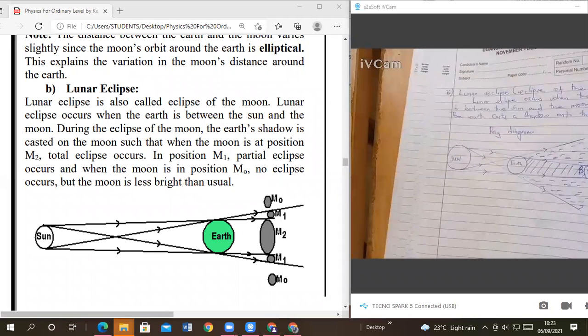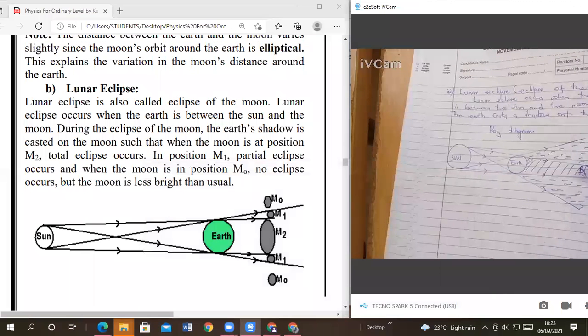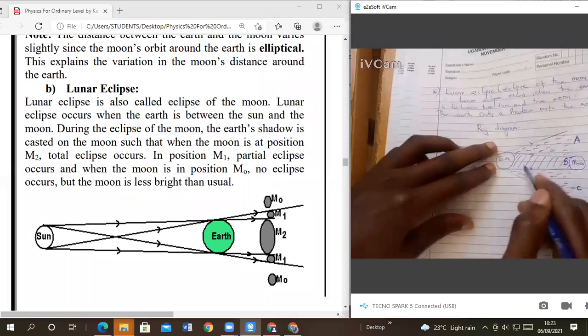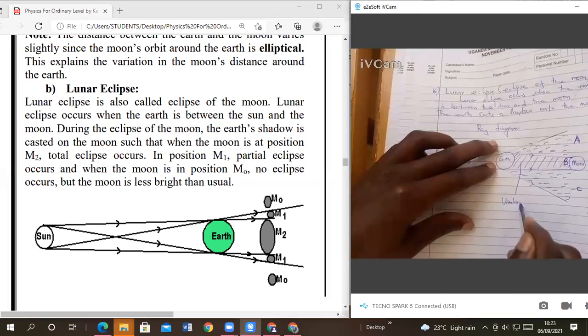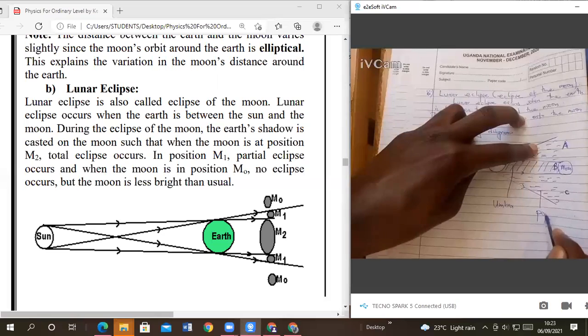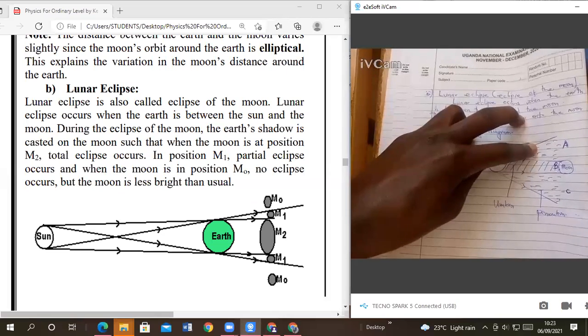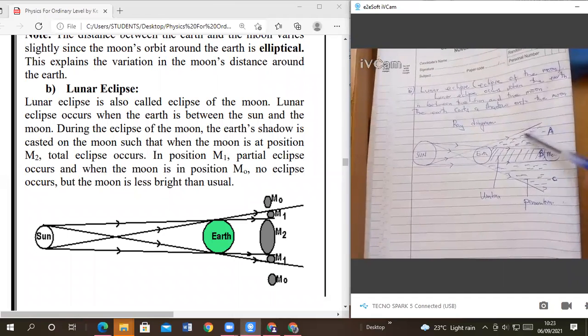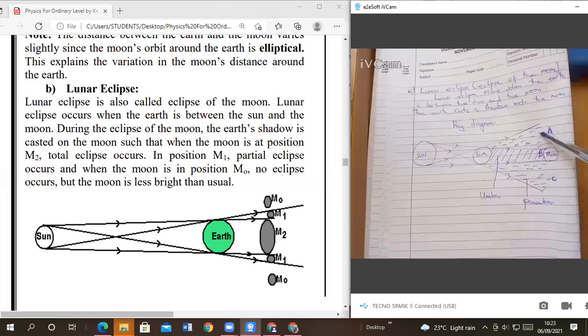So you find that someone who's in region A is able to see partial. Let's label them. This is umbra, then this is penumbra. So if you're in position A, you see partial eclipse.